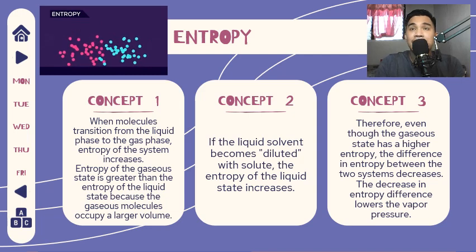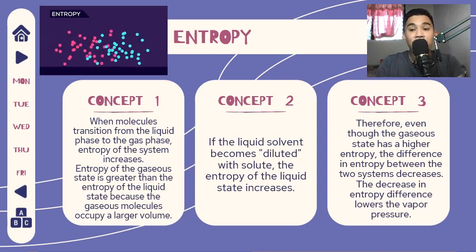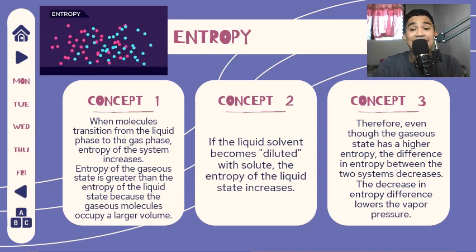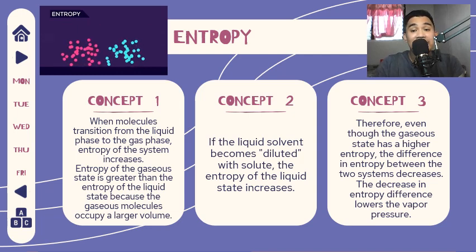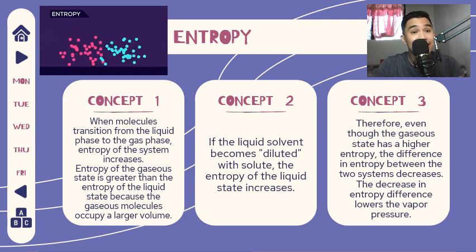So the disintegration, or the energy or the pressure in the liquid increases, and therefore the entropy towards gas decreases. So therefore, even though the gaseous state has a higher entropy, the difference in entropy between the two systems decreases, and the decrease in entropy difference lowers the vapor pressure.